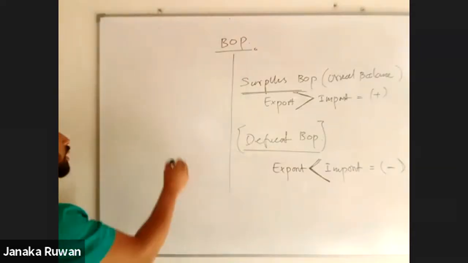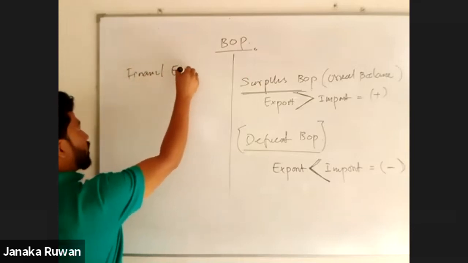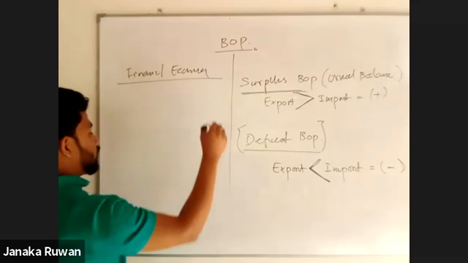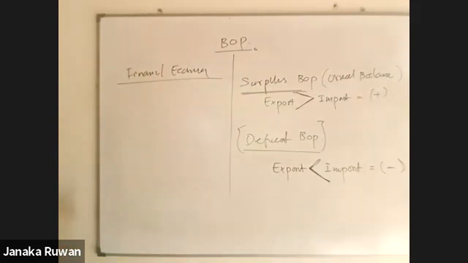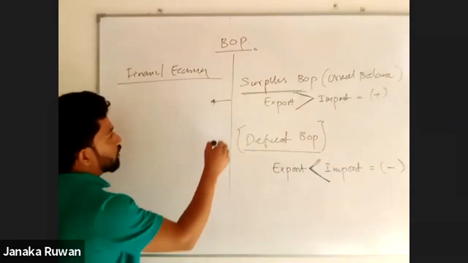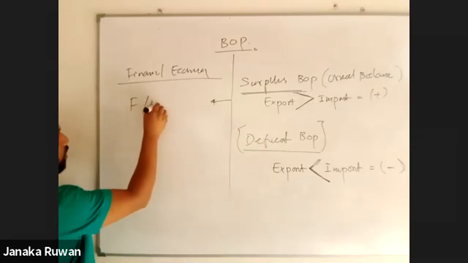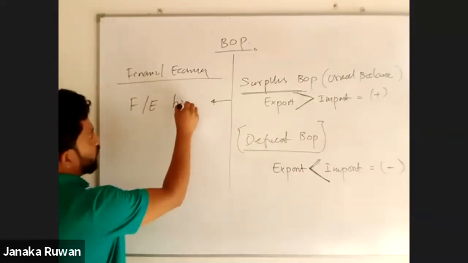So there are two statuses: financial and economic. The balance of payment represents the financial and economic history of a country. If the final balance is surplus, our financial and economic strength will be at a high level.